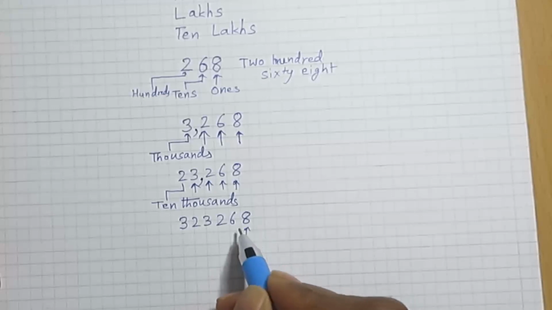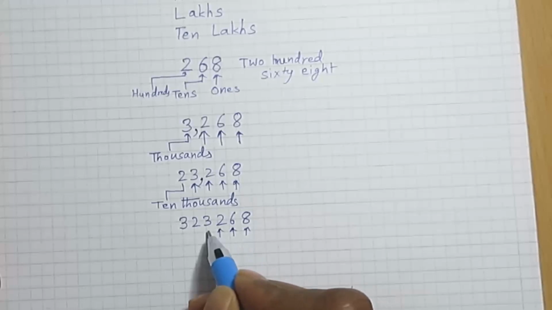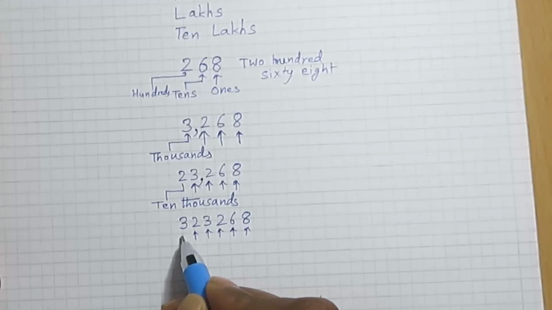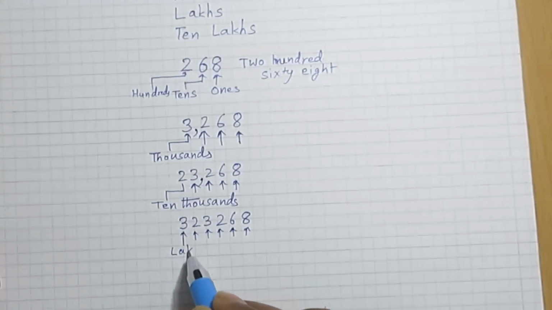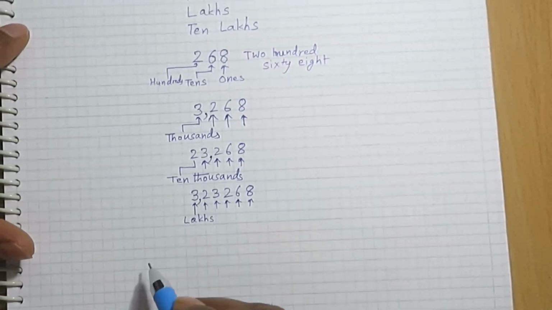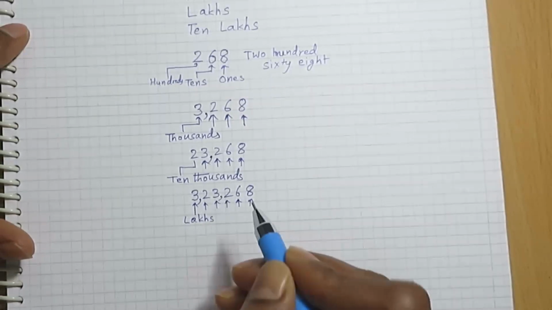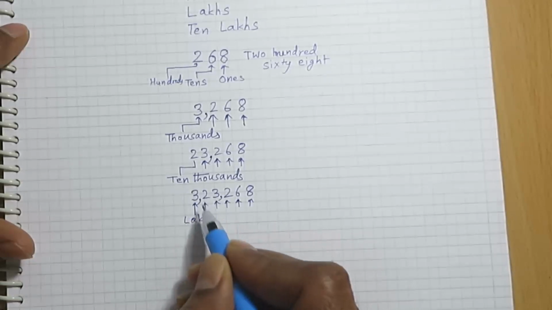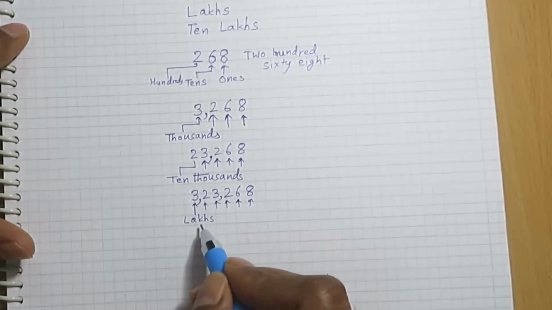We already know these are ones, tens, hundreds, thousands, 10,000s, and after 10,000 it is lakh. So that is the Indian system, lakhs. In the Indian system it is 3,23,268. So this is the place value of lakhs. So 3 lakhs, 3 of the lakhs.